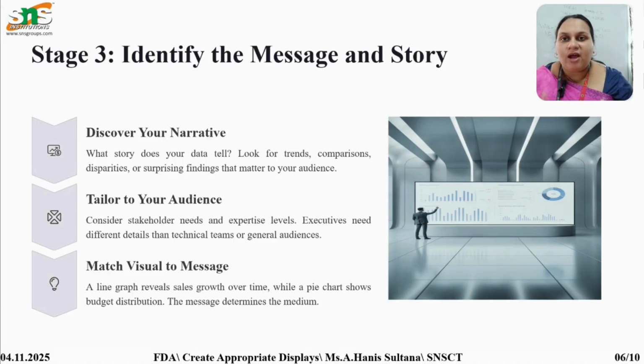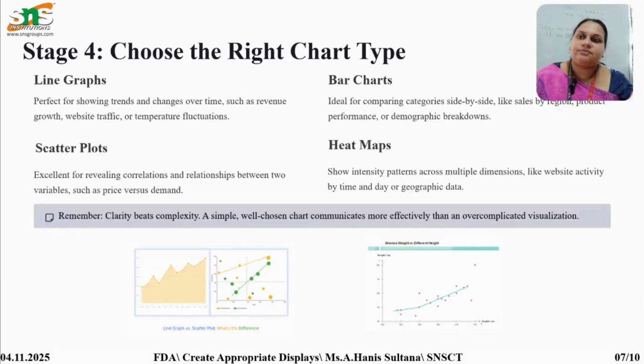And we have to match a visual to the message. Suppose I am giving a table in one slide and representing the chart of the previous slide. This may not be relevant. The content must be very clear, and it should be catchy to the audience.